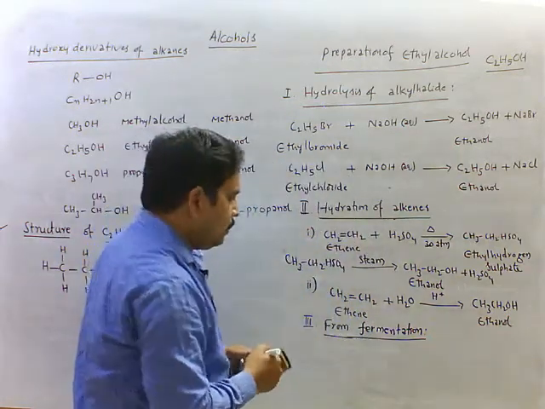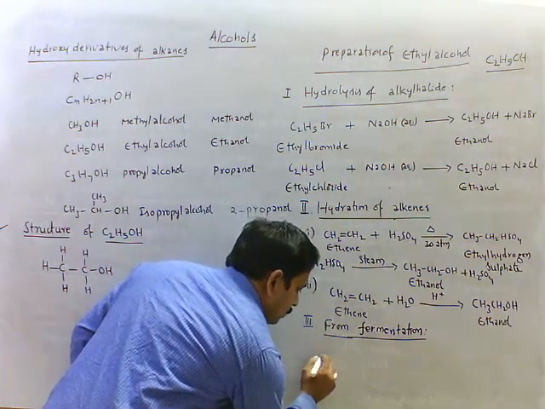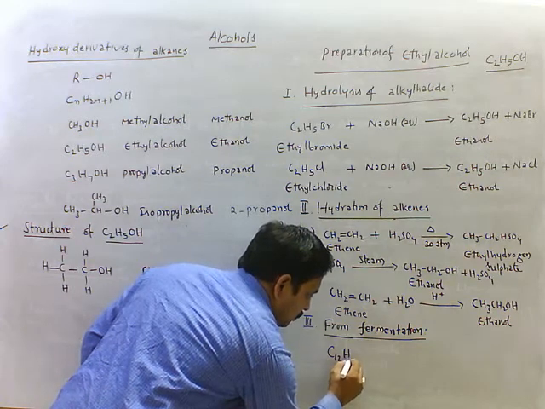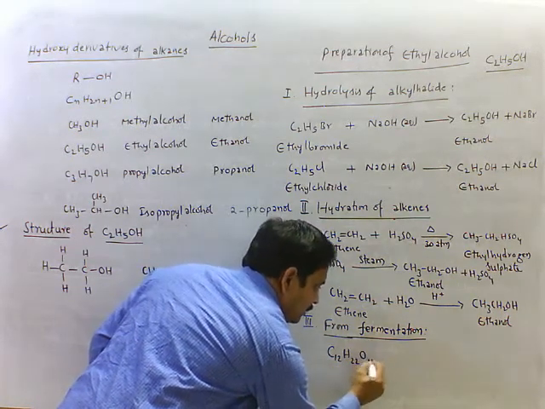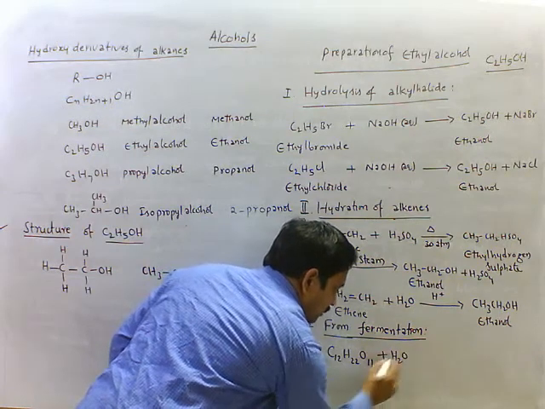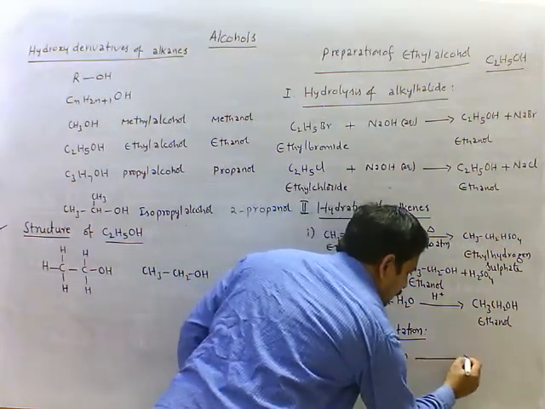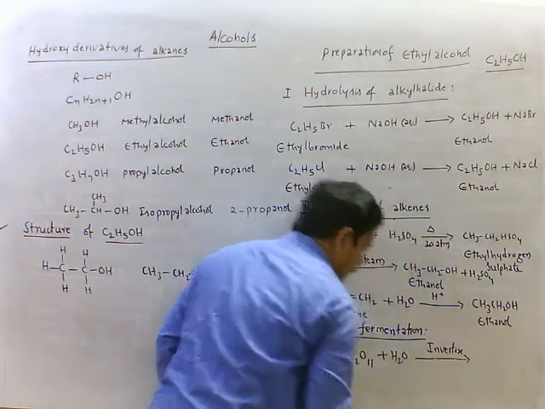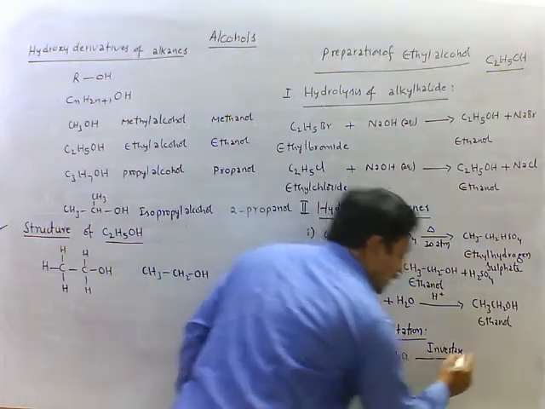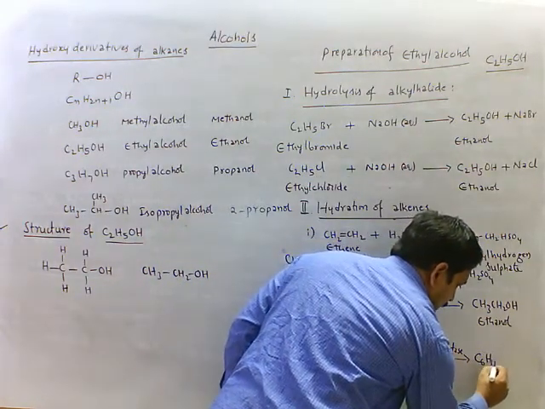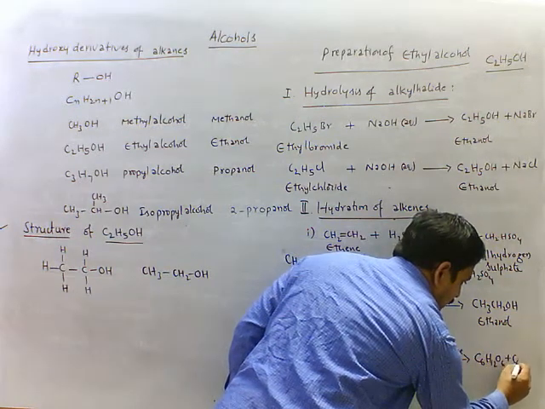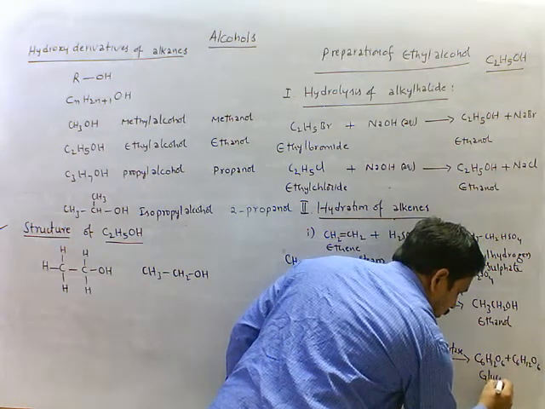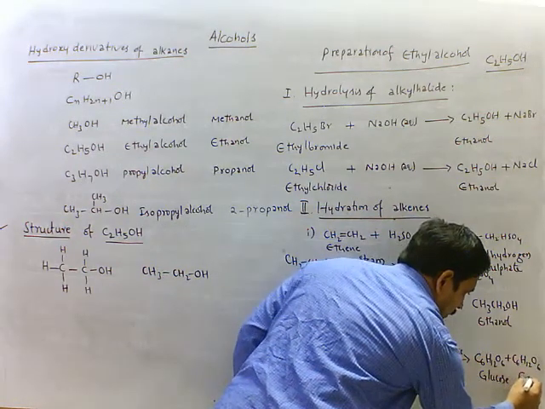In fermentation, molasses containing sucrose, sucrose formula C12H22O11, is treated with water in the presence of invertase. This is converted into glucose, C6H12O6, plus C6H12O6. This we call glucose, and this is fructose.